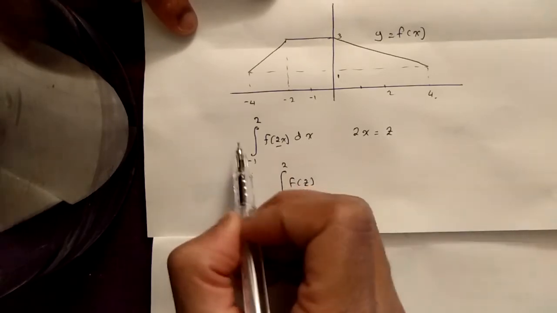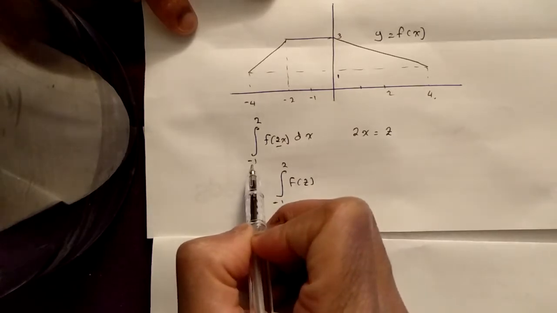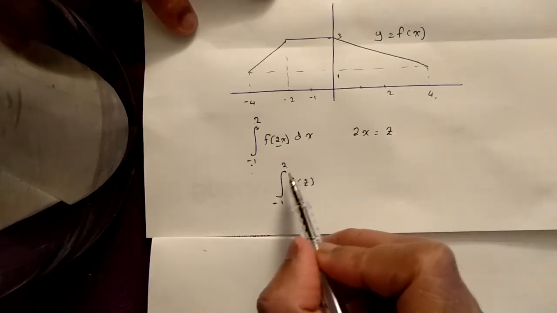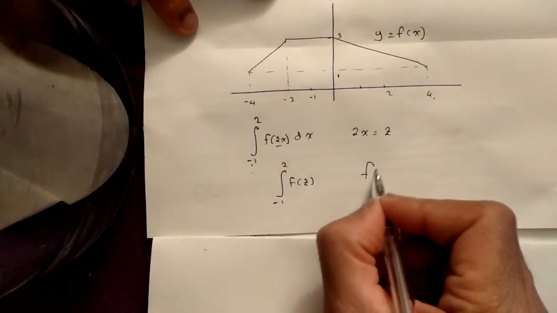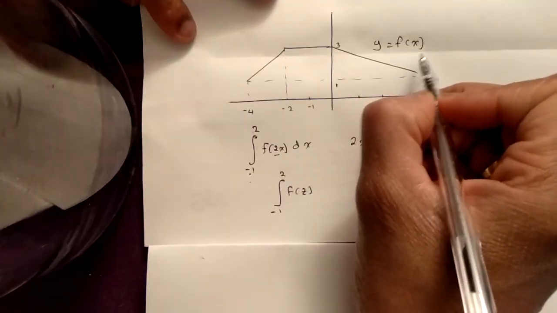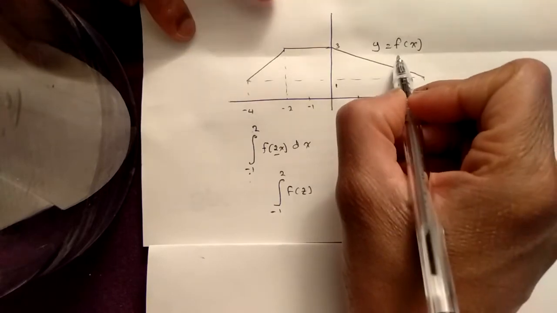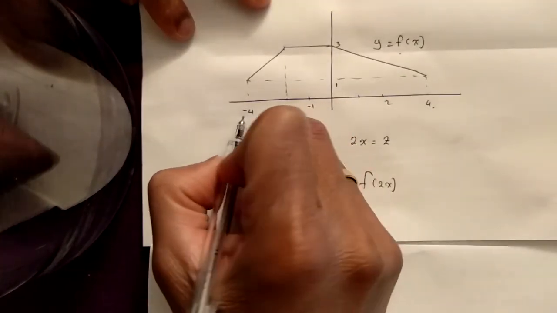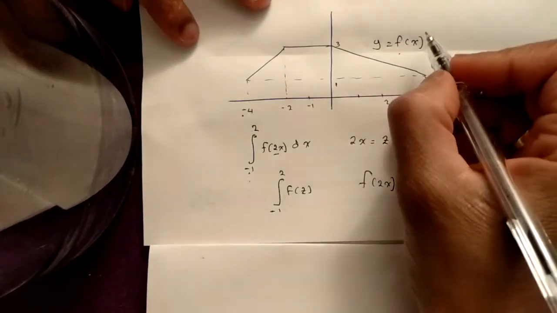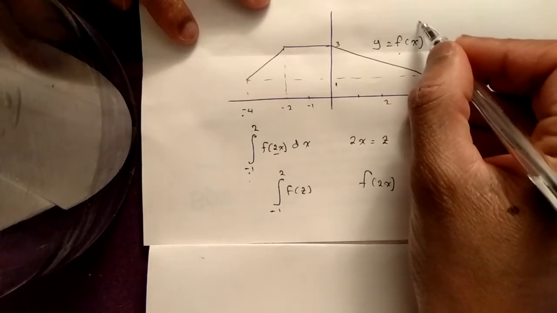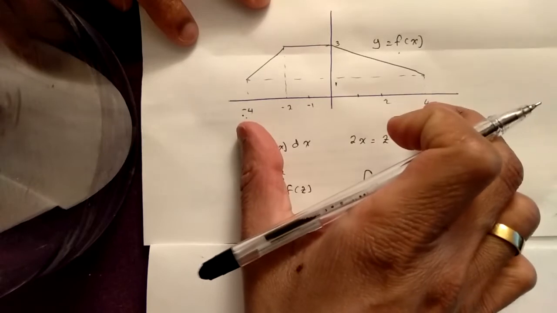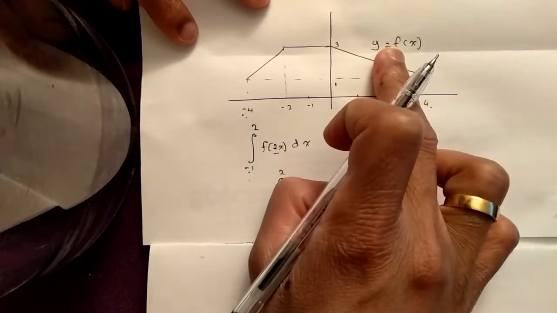Now just forget about these limits for a moment and let's see how this function behaves when you have f(2x). So if I consider the original function y equals f(x), it is defined from -4 to 4, right? That means the domain, or the inputs for this function, will run through -4 to 4. For all these values, it will have an answer.